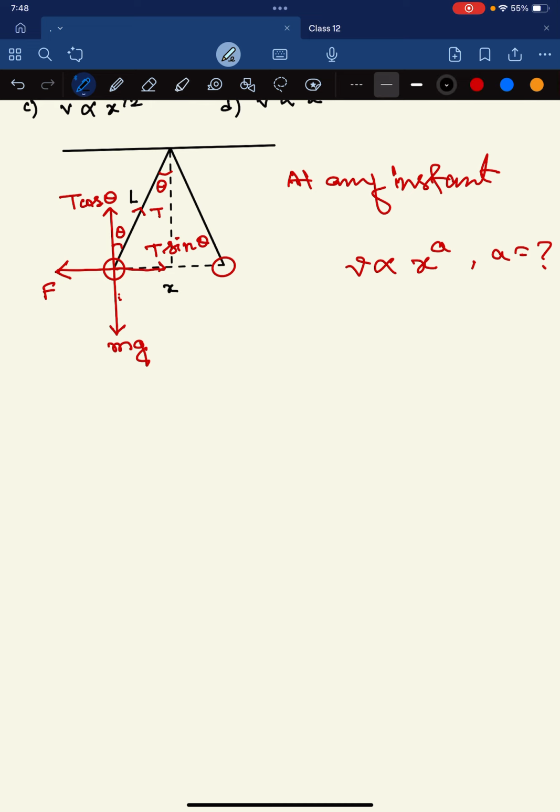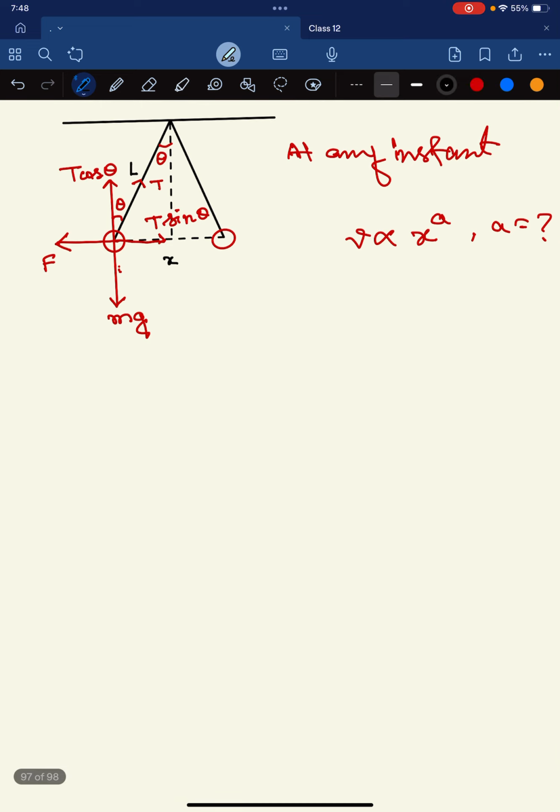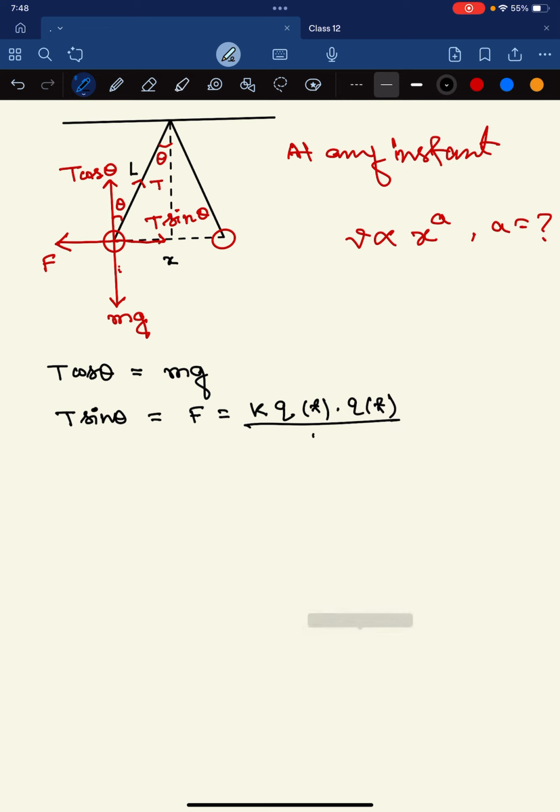So now I can write that T cos theta balances the weight mg, and T sin theta is balanced by the force of repulsion, which is nothing but k q square by the distance square at the time. The distance at the time is x, so x square.